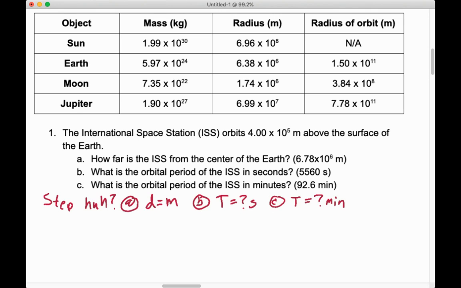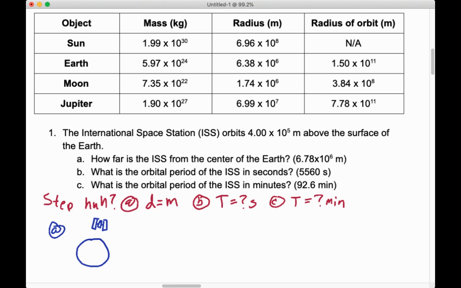So where do we begin with this? All right. So let's get a little sketch going here. So here's the Earth, and the ISS, which looks something like this. And there's big solar panels and such. Okay.